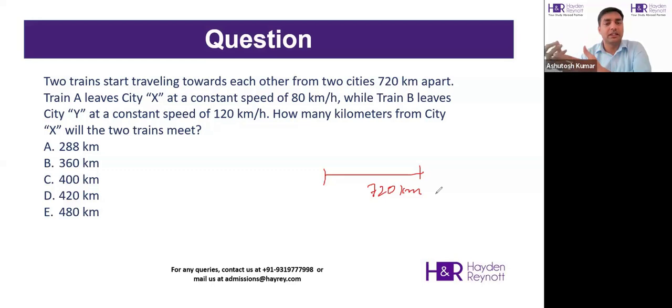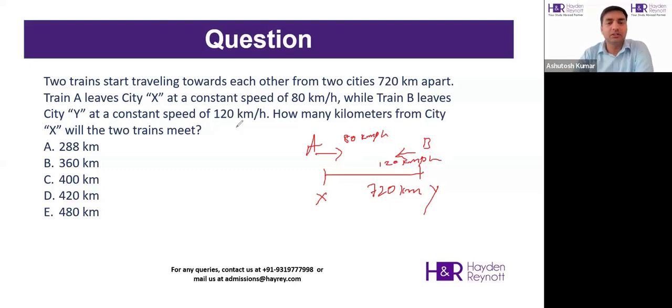Train A leaves city X at a constant speed of 80 km per hour, and another one leaves Y at 120 km per hour. So this is X, this is Y, this is train A, this is train B. This one is going at 80 km per hour, and this one at 120 km per hour, right?